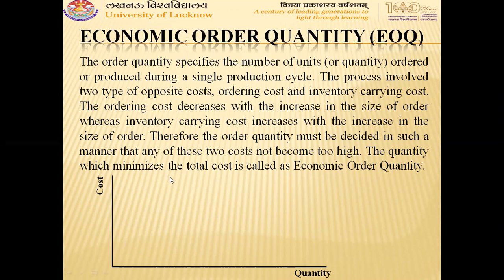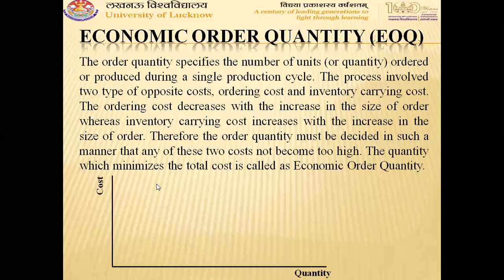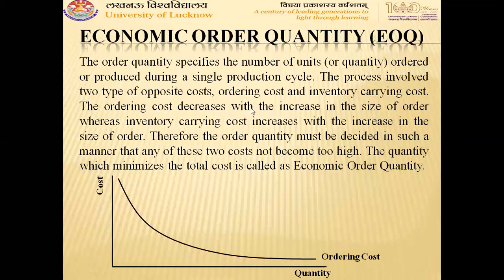Then ordering cost decreases with the size of order. That means if quantity increases then ordering cost will decrease. So it is the curve of ordering cost. And inventory carrying cost increases with the increase of order quantity.